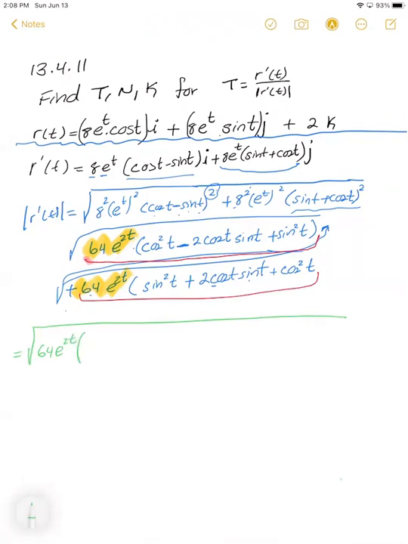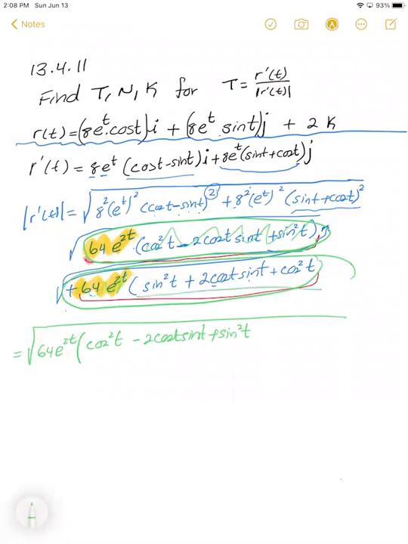When I factor it from the first term, I'm left with cosine squared minus 2 cosine sine plus sine squared. When I factor it from this term here, I'm left with sine squared plus 2 cosine times sine plus cosine squared of t.